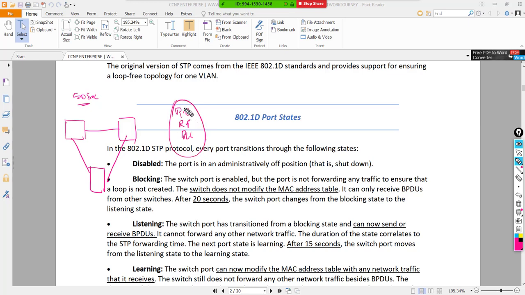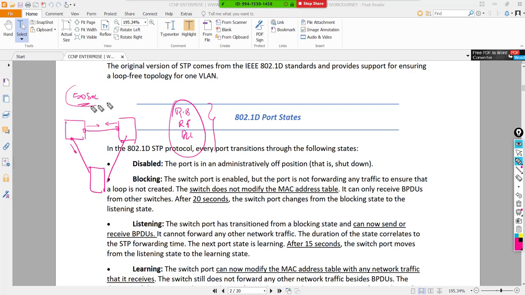Now this is happening in the background. Once all these three steps have happened, then your port is going to forward the data. Until then, this port will not be forwarding anything.